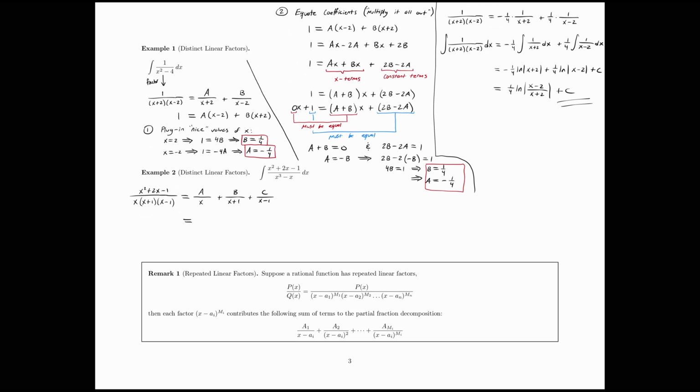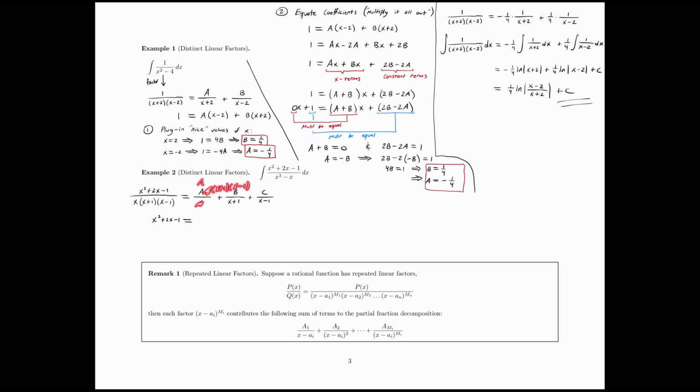We'll then multiply by the entire denominator, which will clear the fraction. So the left-hand side, we just get the numerator because the denominators cancel out. And then here, what's in common will cancel out. So here, we're going to multiply by x, x plus 1, x minus 1. The x's are in common, so they'll go away.